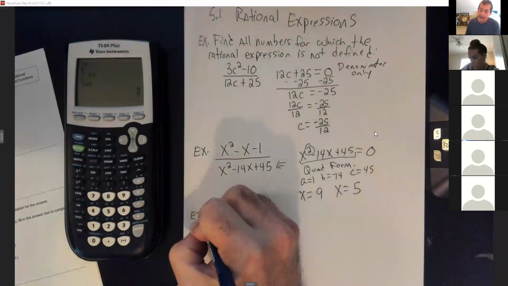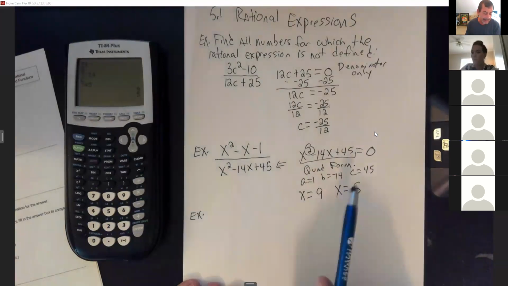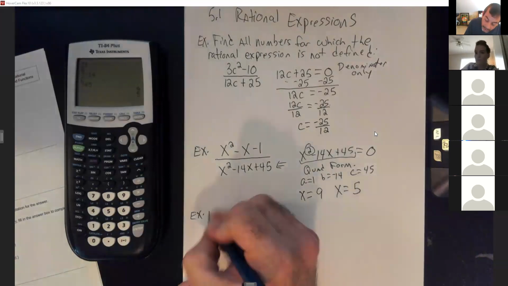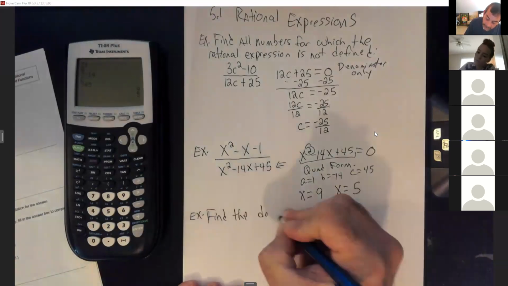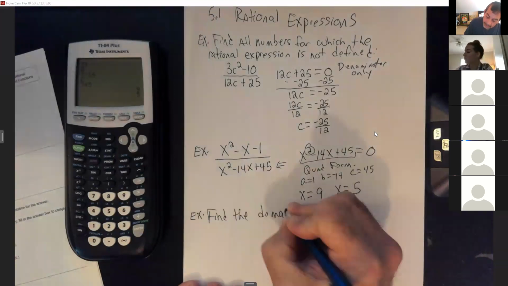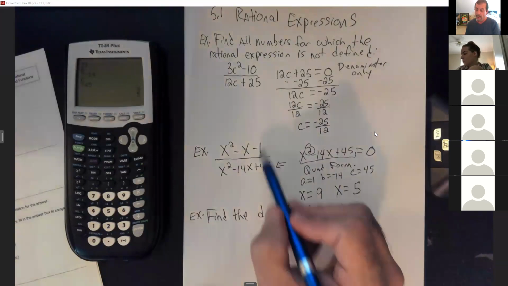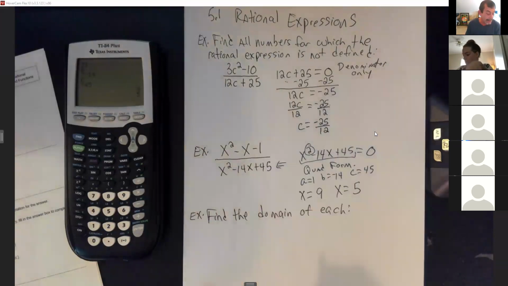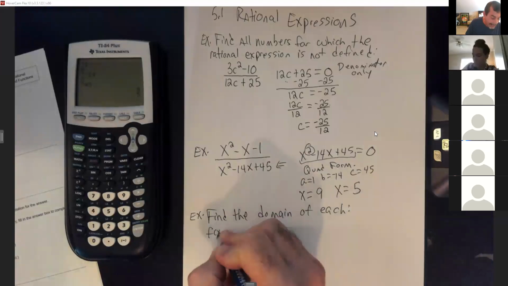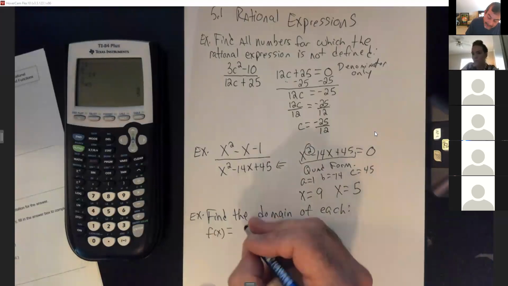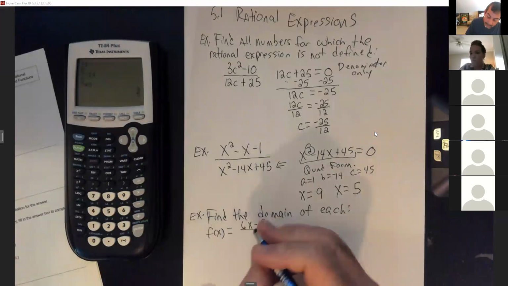All right, so the first two, they just wanted me to find the numbers that made them undefined. Now they really do want us to find the domain of each. The reason they showed us those 2 problems is because you're doing that to find the domains. So y'all, you got f of x equals 6x minus 5 over x plus 4.